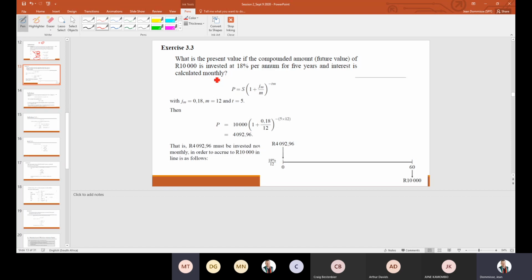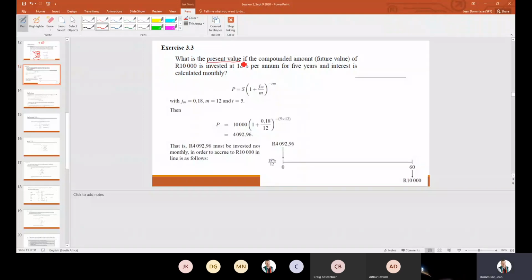Okay, so they're asking us what is the present value. So here they tell us that we need to get the present value.